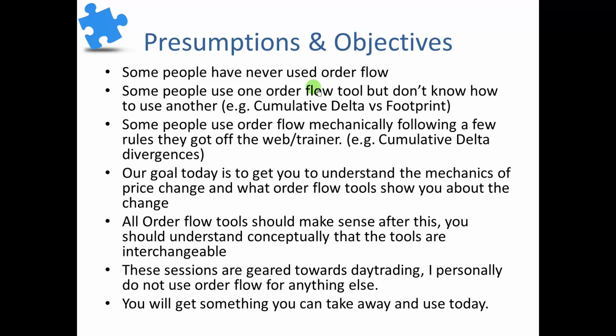Now, why is this necessary? Well, I've come across many people that use one order flow tool but really have no clue how to use others. A good example would be someone that uses, say, cumulative delta divergences mechanically, but they're completely lost when it comes to looking at a footprint chart.